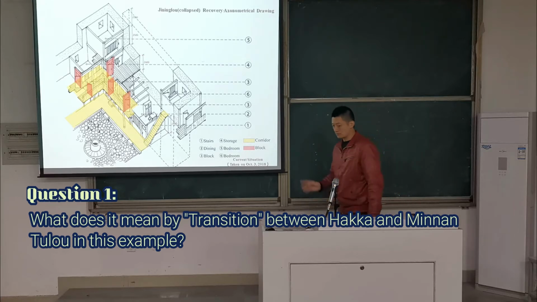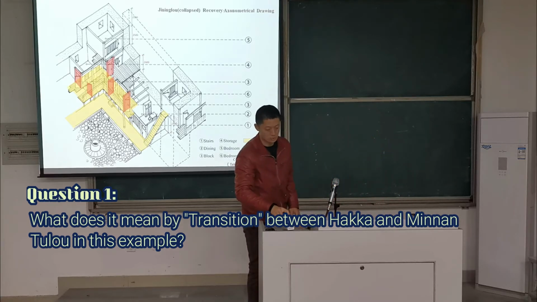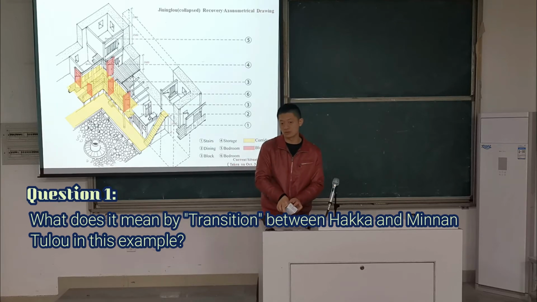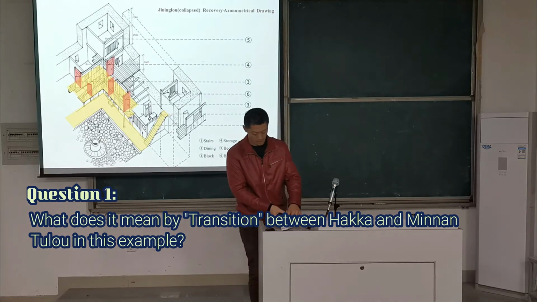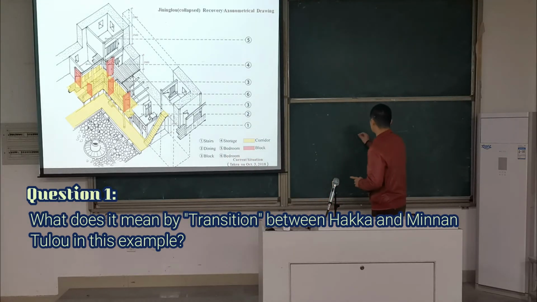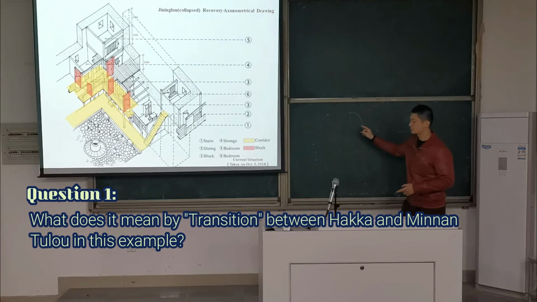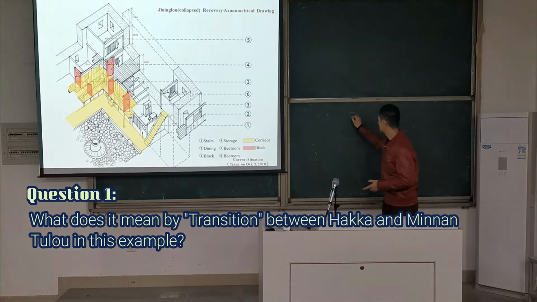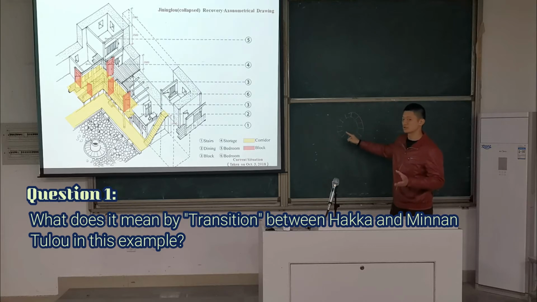Yeah, this transition between two typologies is just my theory, just what I came up with, because regarding Minnan Tulou, as we draw, this is the first ground floor, and every unit is distributed respectively. Why? There is a staircase in each unit, right?